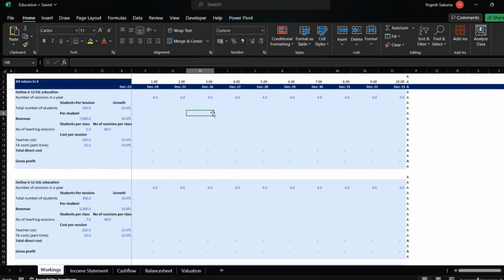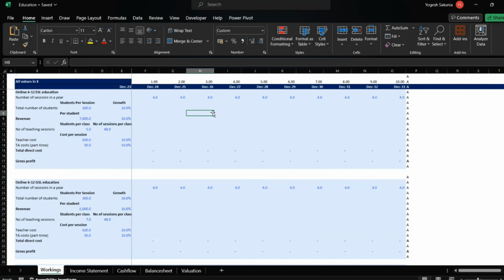So when we are building the model, we have to be very cautious in what formulas we put in. And any inconsistency in the formula, we should highlight for ourselves, so that later, when we come back to the same model, we know that this particular row or column has some inconsistency. So we will work with that.